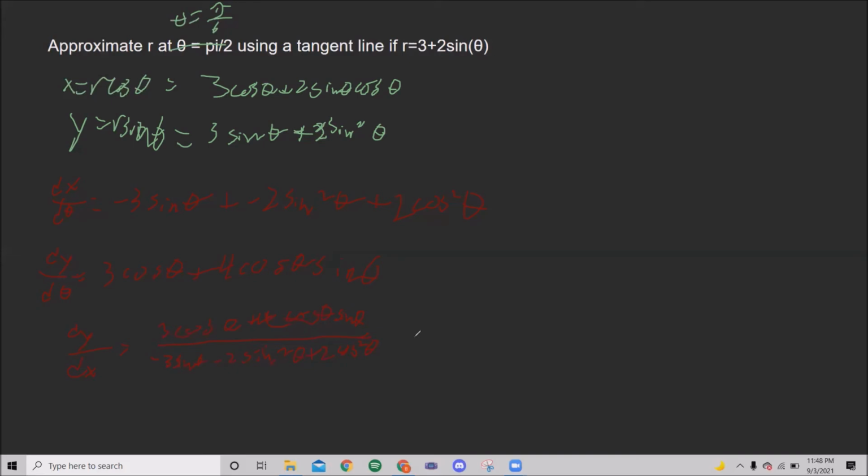So from here, we can just simplify this a bit, if you'll give me a second. We need to find this at theta equals pi over 6. I'm going to write the values of both sine pi over 6 and cosine pi over 6 near the top, so you can reference them if you're writing along with me, and also to make this more digestible.